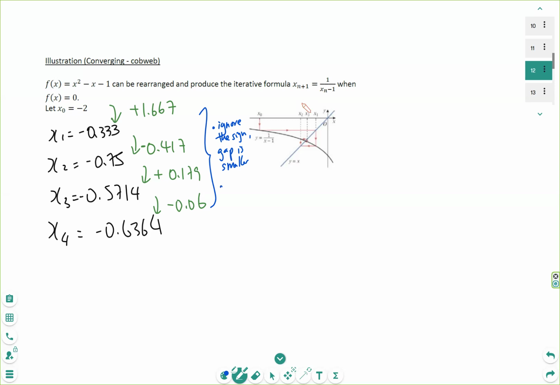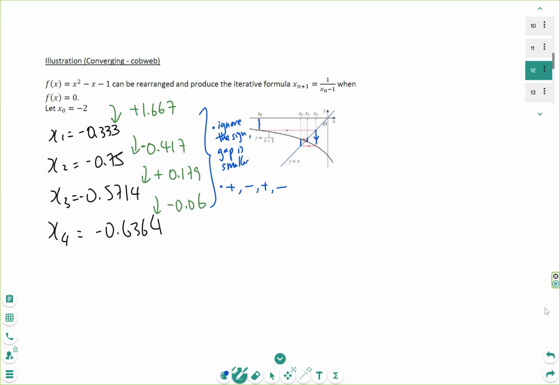Next, also the sign: we're going plus, minus, like a Cobweb. It's down, up, down, up, down, up. But also you can see the lengths of the lines getting smaller and smaller, so we are sort of spiraling to a value.